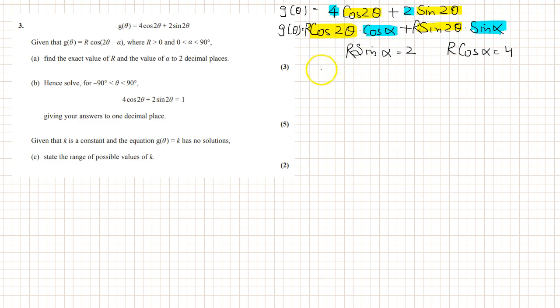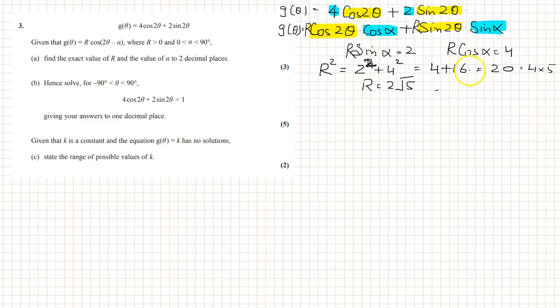If we square, then R squared (sine squared alpha plus cos squared alpha, that is 1) is equal to 2 squared plus 4 squared. This is 4 plus 16, that is 20. 20 can be written as 4 multiplied by 5. So R will be 2 root 5.